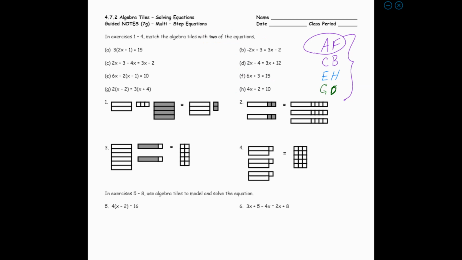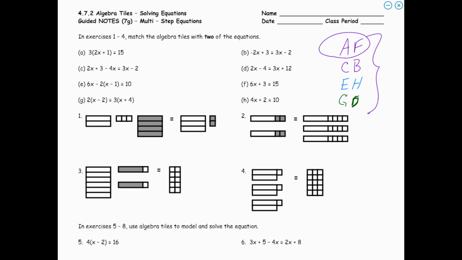Look at how that's grouped. That's what I was going to show you. 3 groups of 2x plus 1. So here's 1 group, here's 2 groups, here's 3 groups of 2x plus 1. So A and F both match number 4.